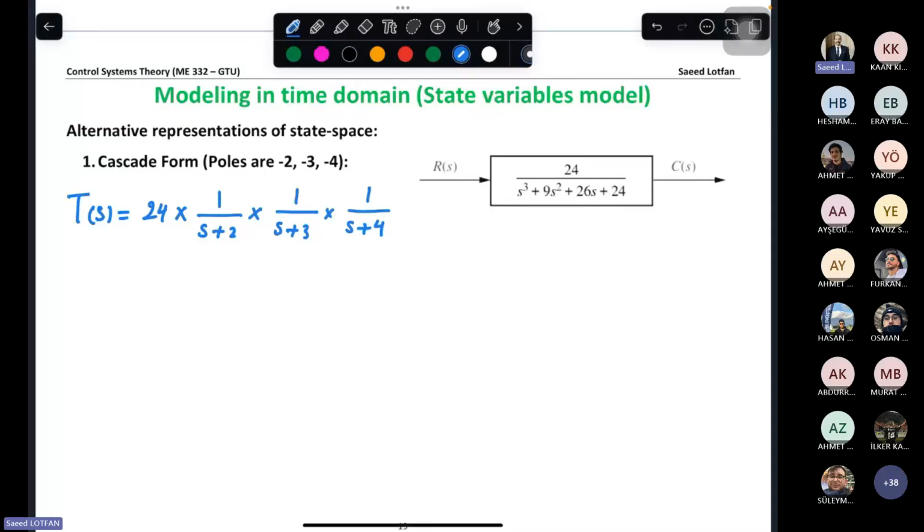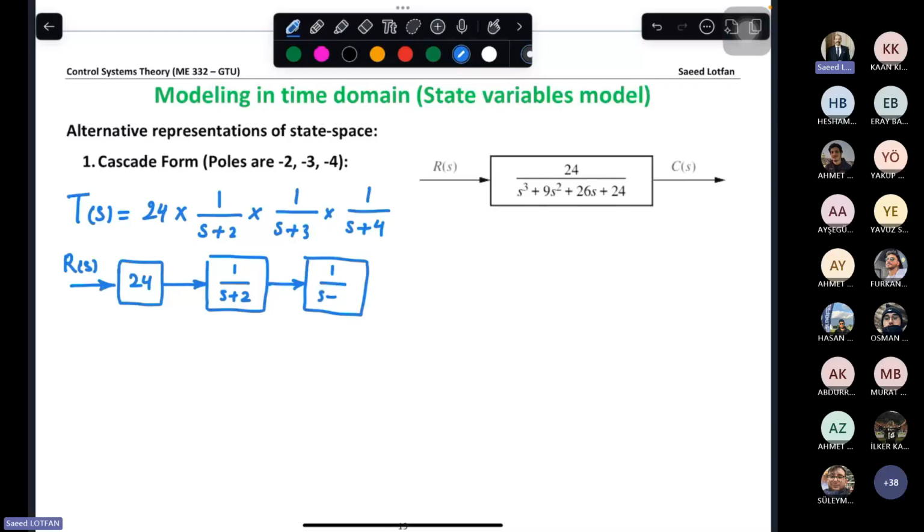So in terms of block diagram, I have R(S), which is multiplied by 24, then multiplied by 1 over S plus 2, then by 1 over S plus 3, then by 1 over S plus 4, and we get C(S). Clear?